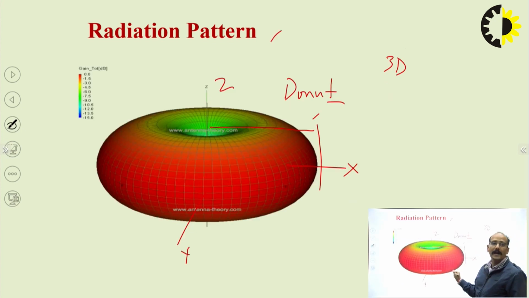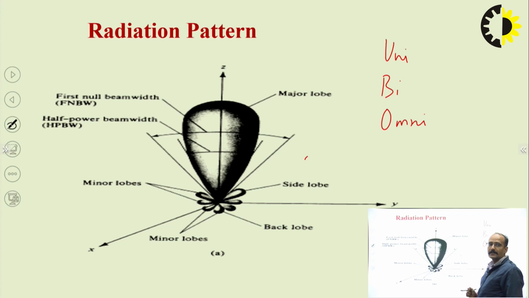This is a bidirectional antenna, this is a unidirectional antenna, and omnidirectional means if you apply an antenna here and its radiation pattern is a sphere, it is an omnidirectional antenna.